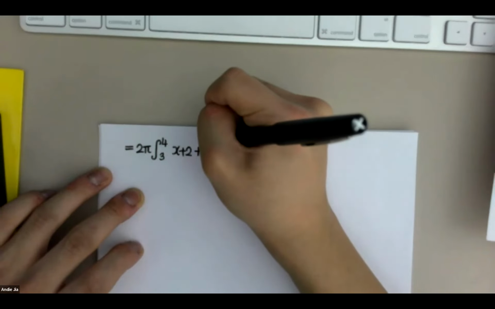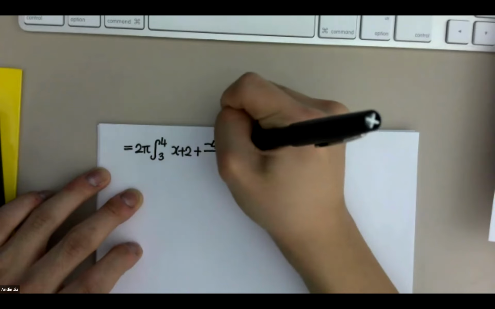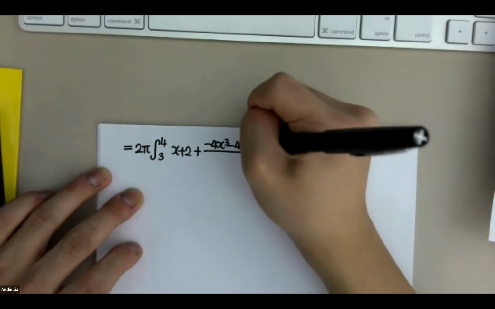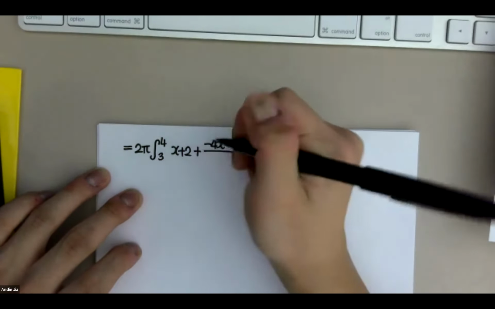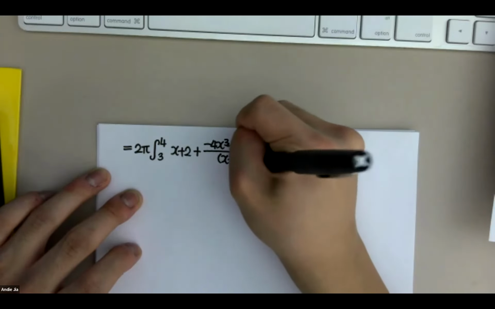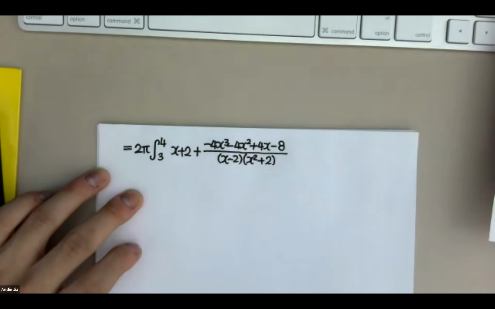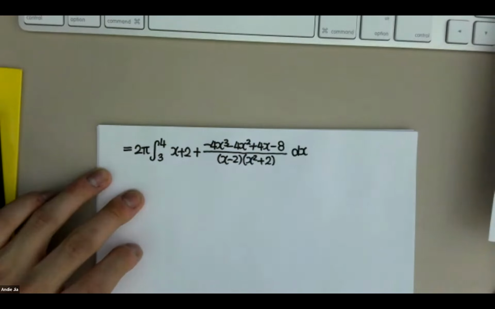It's going to be a negative 4x cubed minus 4x squared plus 4x and minus 8, over x squared plus 2, right? Yes. dx. And now do partial fractions.